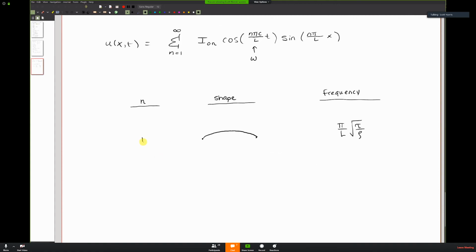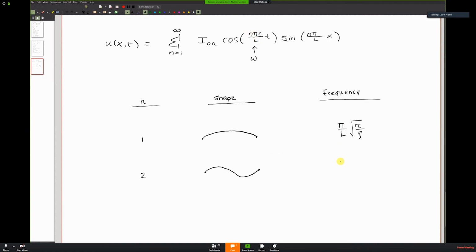Okay, now that's just one of the terms in my solution, right? At the same time, I have a second term, and it is sine 2 pi x over L. And so it oscillates twice. It looks like this. Okay. And its frequency, there's going to be a 2 here.